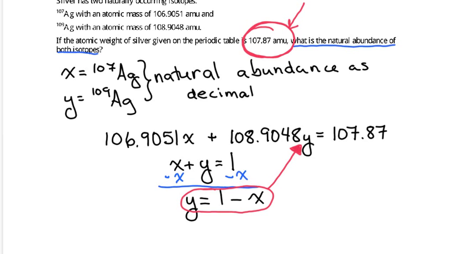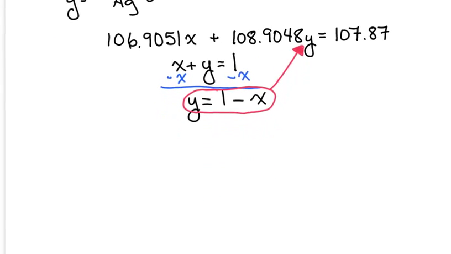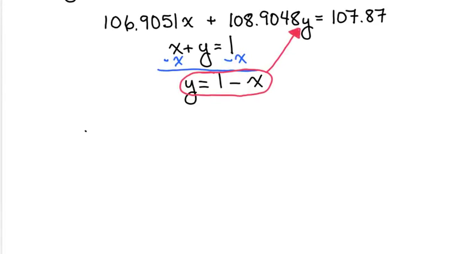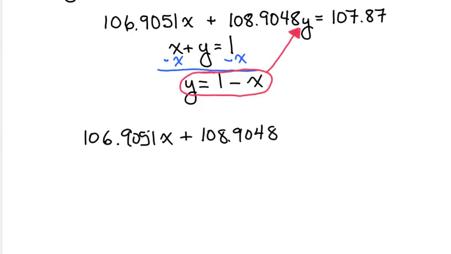Y only shows up there. So we get 106.9051 times x plus 108.9048 times y, where y is equal to 1 minus x, equals 107.87.